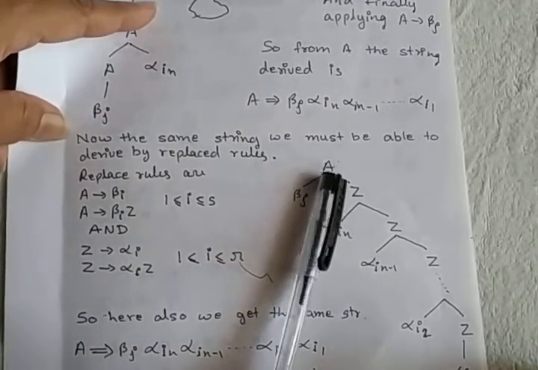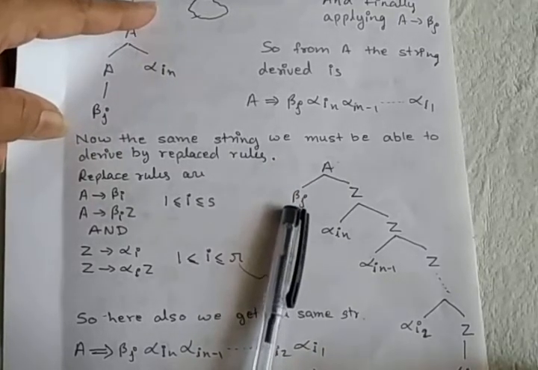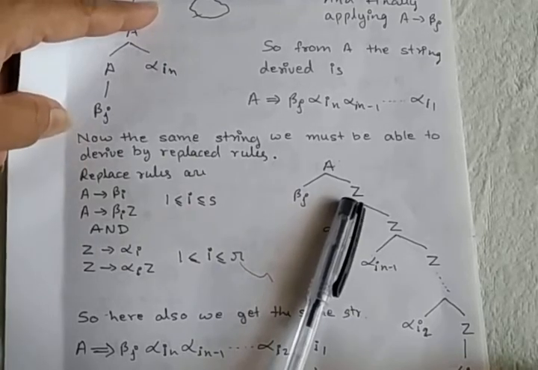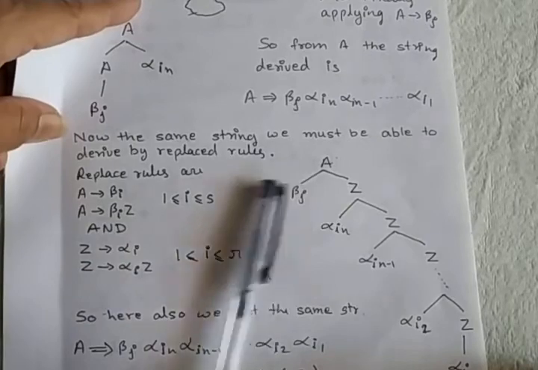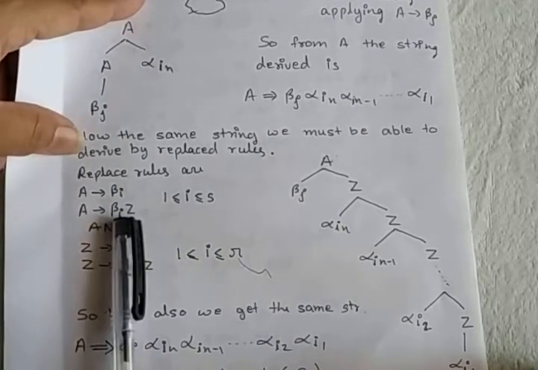Starting with A, we can derive beta j Z. We have A tends to beta i Z, right?